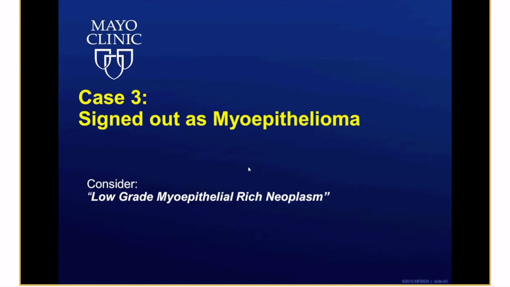However, I would advise signing it out, instead of flat-out myoepithelioma, as maybe a low-grade myoepithelial-rich neoplasm, because sometimes myoepithelial carcinoma can look very bland. If you sign out as low-grade myoepithelial-rich neoplasm with a differential diagnosis that includes myoepithelioma, low-grade myoepithelial carcinoma, and pleomorphic adenoma, that ends as myoepithelial-rich pleomorphic adenoma, that should cover all the possibilities.